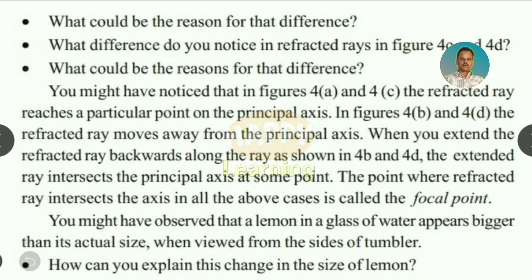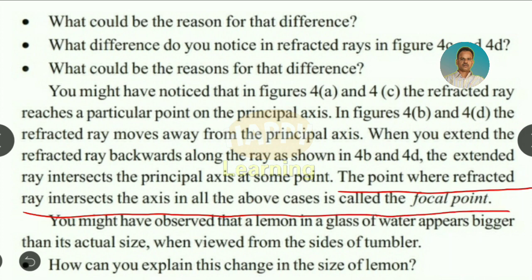When you extend the refracted ray back along the rays as shown in 4B and 4D, the extended ray intersects the principal axis at some point. The point where a refracted ray intersects with the principal axis is called a focal point.